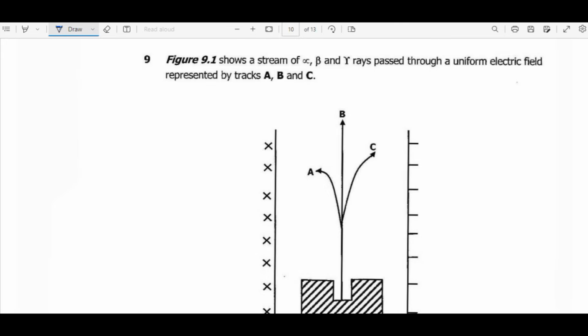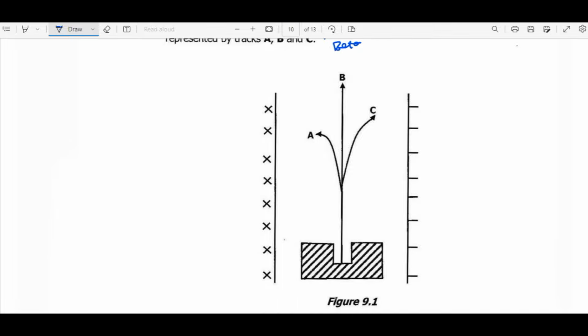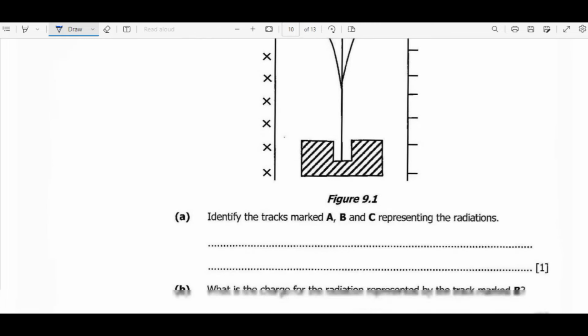Figure 9.1 shows the three types of radiation: alpha, beta, gamma rays passing through a uniform electric field, represented by tracks A, B, and C. Okay, so we have some charges, positive, negative, then neutral.